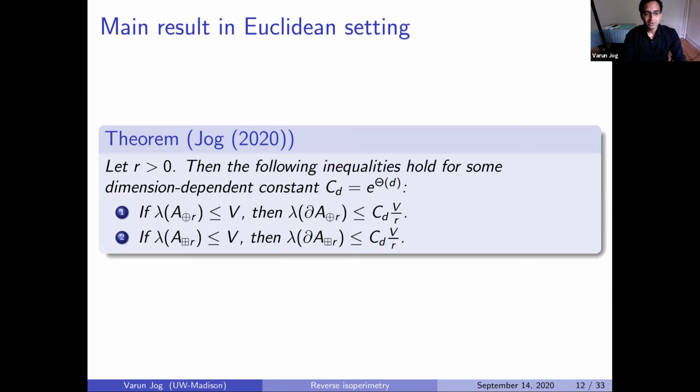Bullet points 1 and 2 show the main results: if the volume of the parallel set is at most V, then its surface area is at most some constant times V over R. As I said, it does eventually turn out to be directly proportional to V and inversely proportional to R. But that constant, at least in the proof that we have, happens to be exponential in the dimension, e to the some constant times t. And the same result holds for parallel sets in the L infinity norm as well.